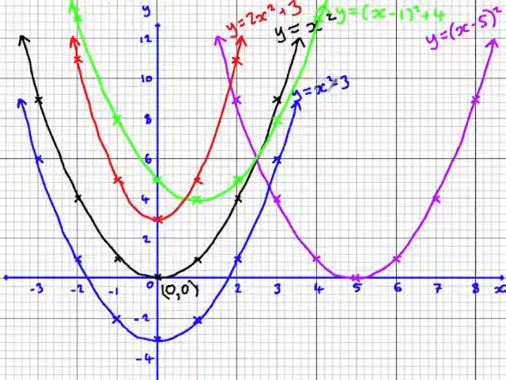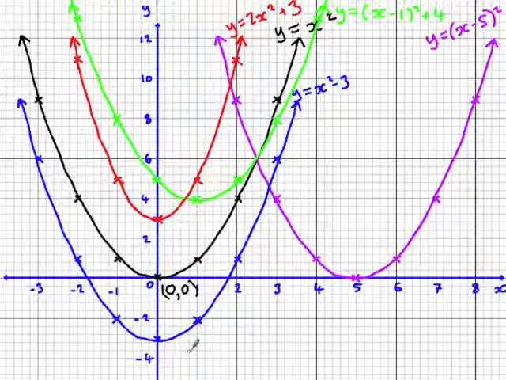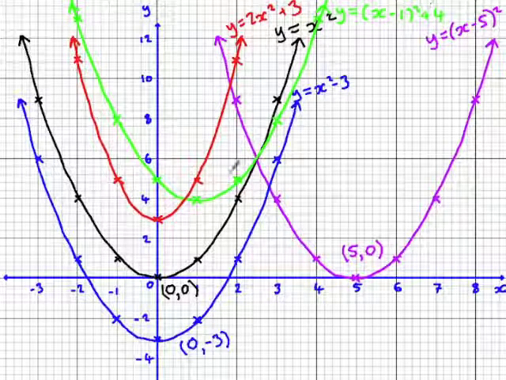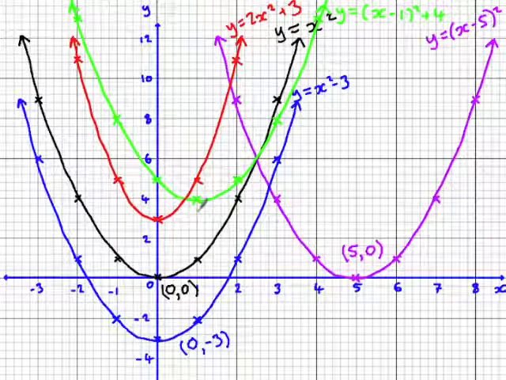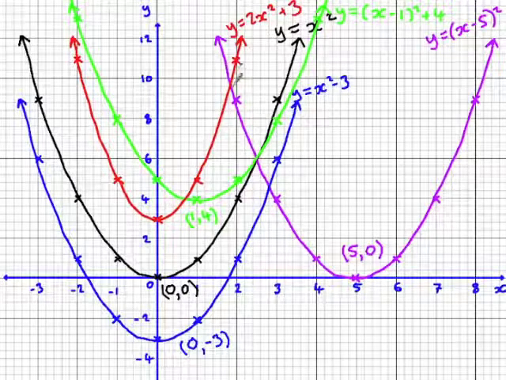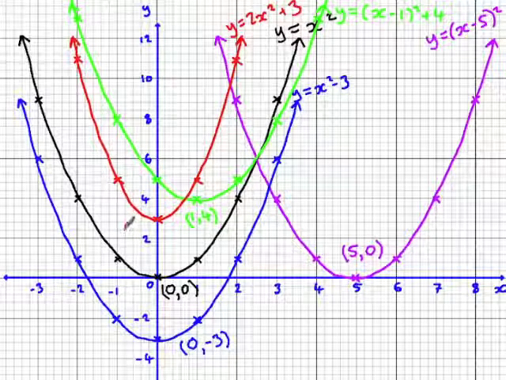In y equals x squared take 3, the turning point is at 0, negative 3. In y equals (x take 5) squared, the turning point is at 5, 0. In y equals (x take 1) squared plus 4, the turning point is at 1, 4. And in y equals 2x squared plus 3, the turning point is at 0, 3.